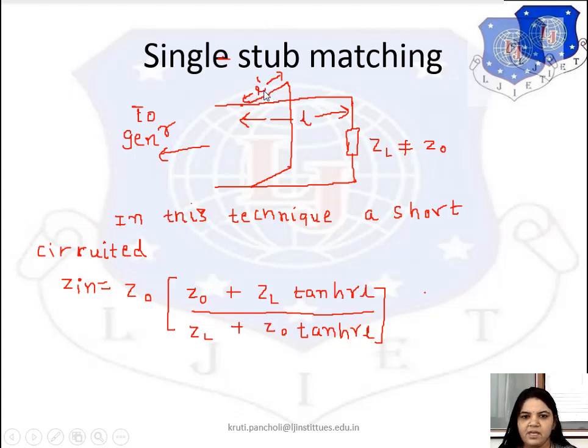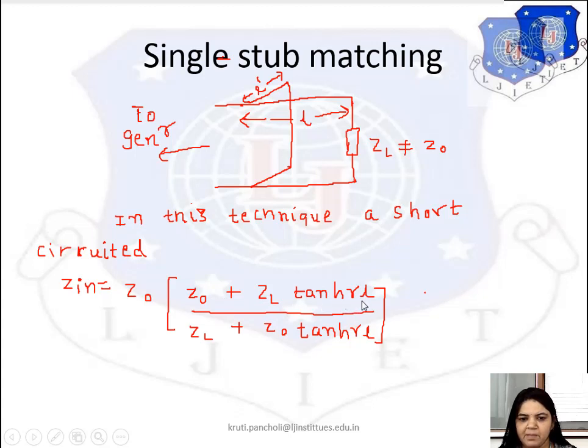Now we want to find the impedance matching using a single stub. Here ZL is not equal to Z0, so impedance matching is required. For any short circuit, the input impedance is Zin equals Z0 times (ZL plus Z0 tanh gamma L) upon (Z0 plus ZL tanh gamma L).